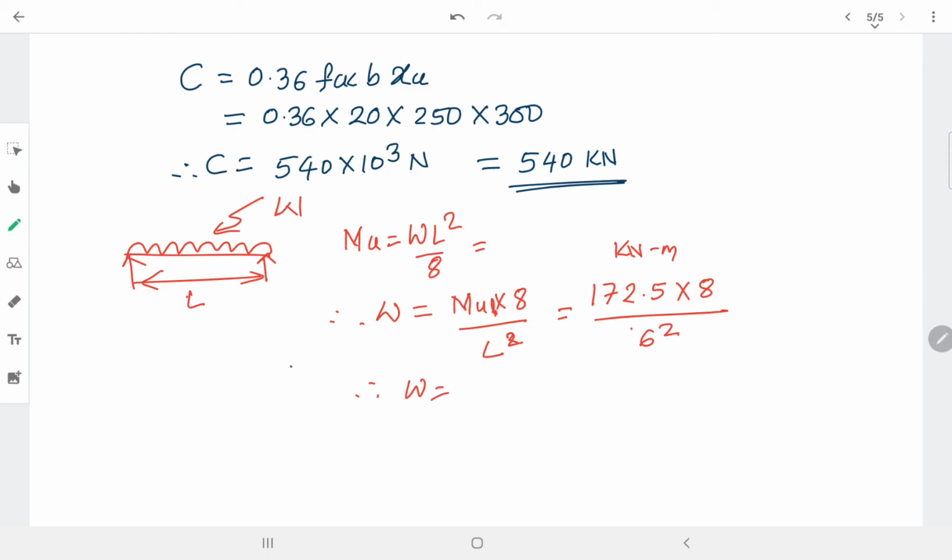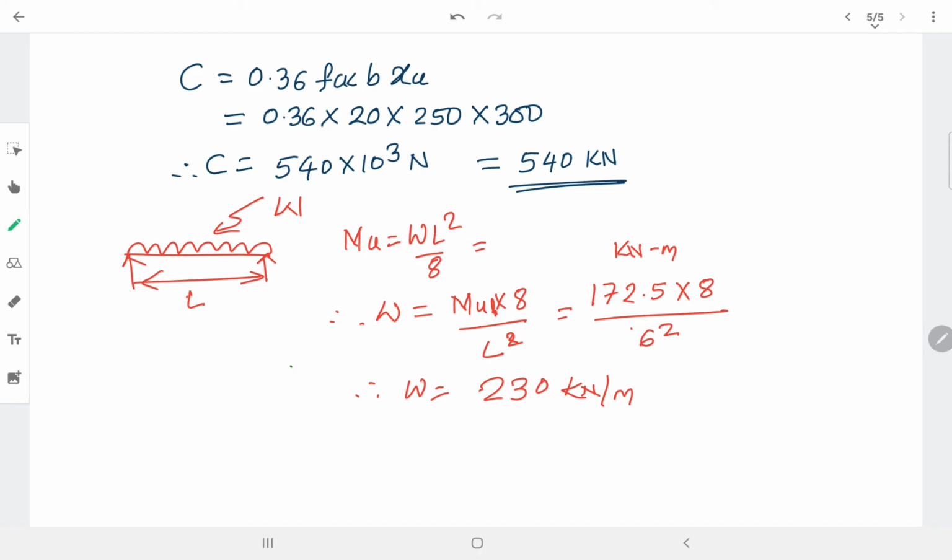When you solve this one, we'll be getting the total load carrying capacity, around 230 kilonewton, or this is kilonewton per meter, like that.